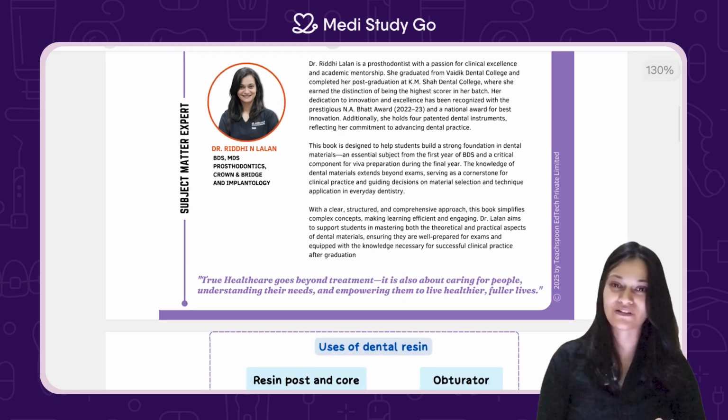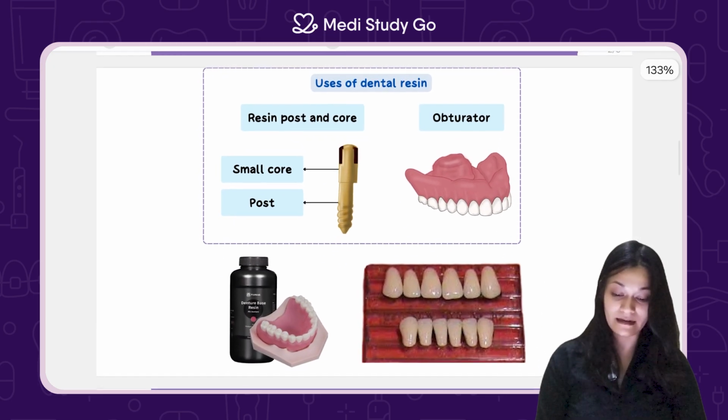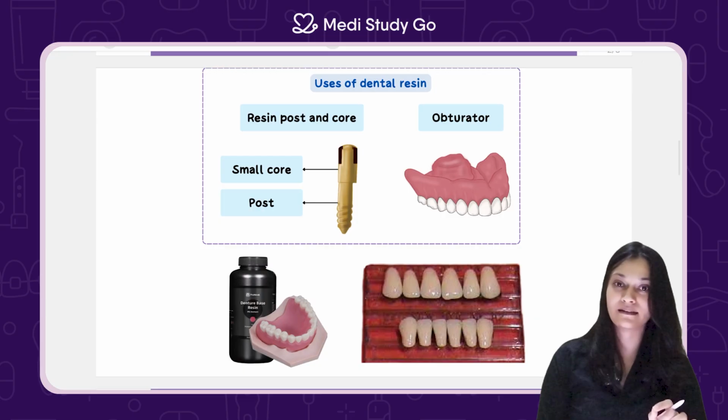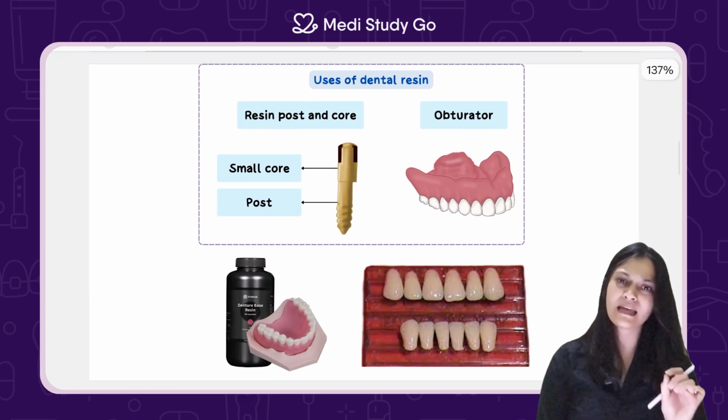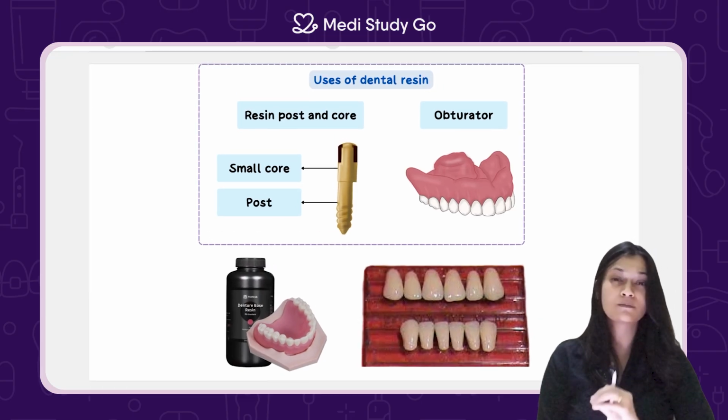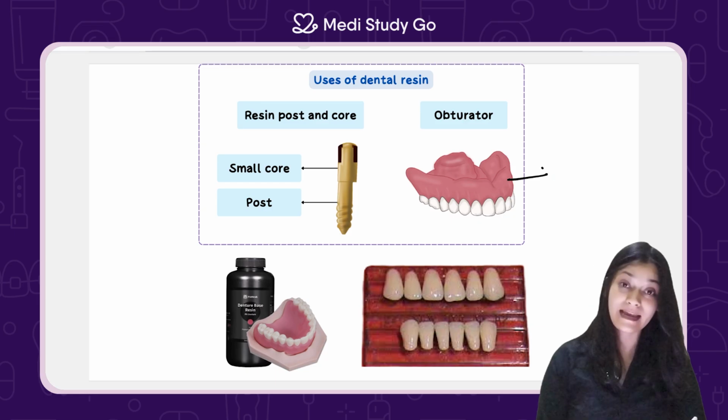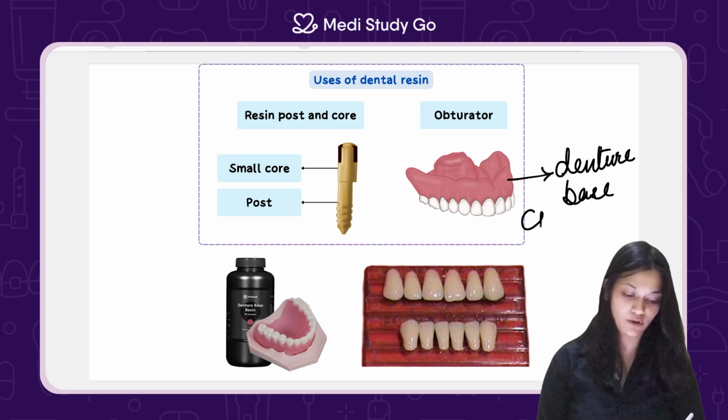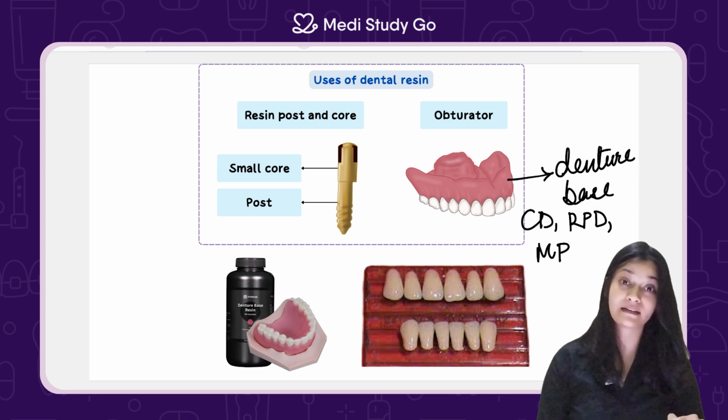Let's just quickly understand what a dental resin is. As the name suggests, dental resins have multiple uses. They range from your denture base, which can be used for n number of cases like complete denture, removable partial denture, maxillofacial prosthodontics.